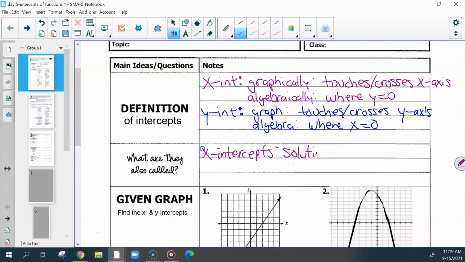Solutions, roots, and zeros. All of those mean x-intercepts. So if I say find the zeros, I'm only asking about x-intercepts, not the y-intercept. That is just called the y-intercept. Same thing with solution, same thing with roots.